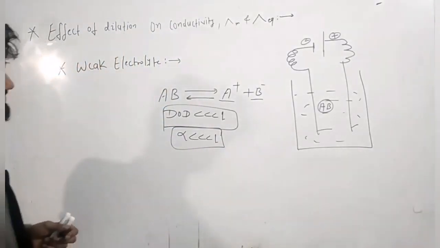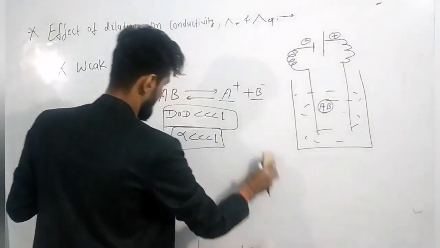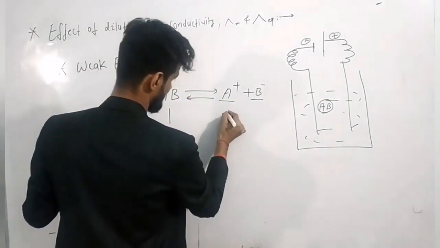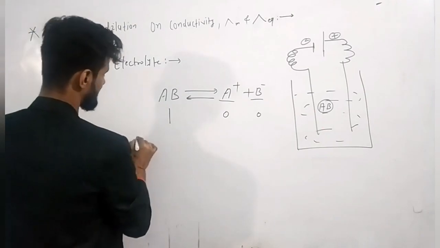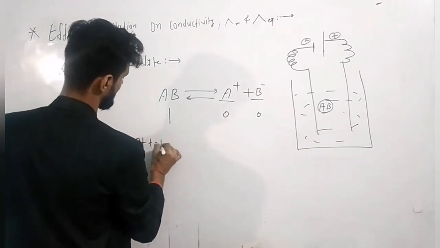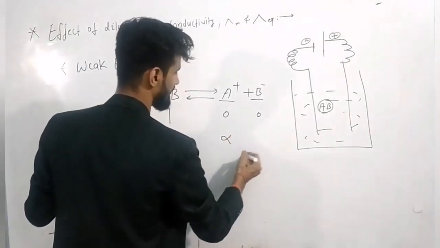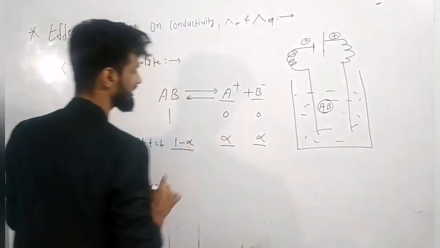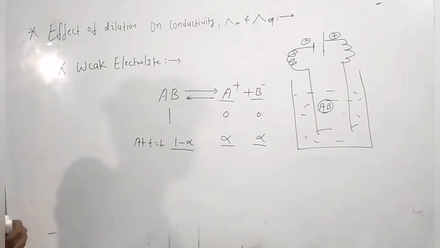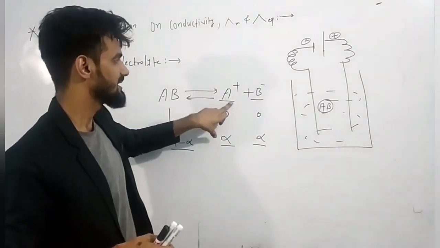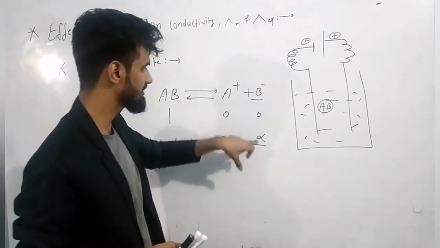It's not 100% dissociable. Initially the number of moles is 1, 0 and 0. At time t, it is dissociated: 1 minus alpha moles of AB remain, so alpha moles of A plus will form and alpha moles of B minus will form. Stoichiometry says that if the number of moles of AB is 1, then the number of A plus is going to be alpha and the number of B minus is going to be alpha.